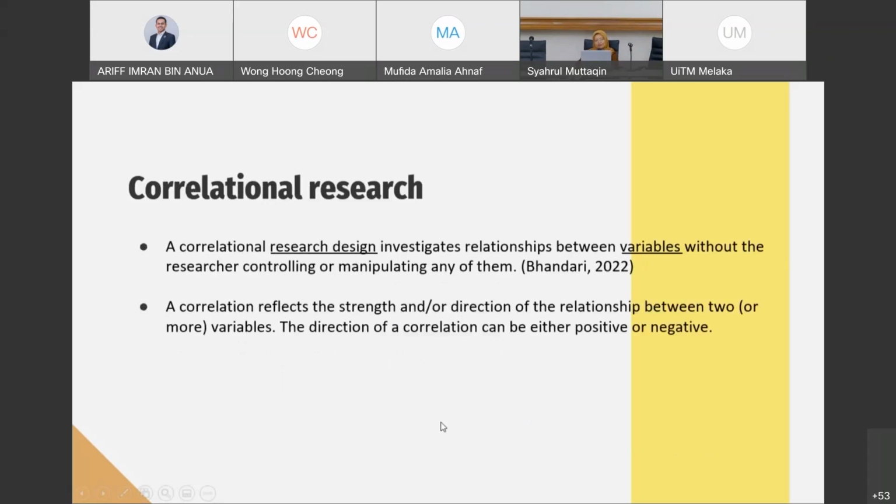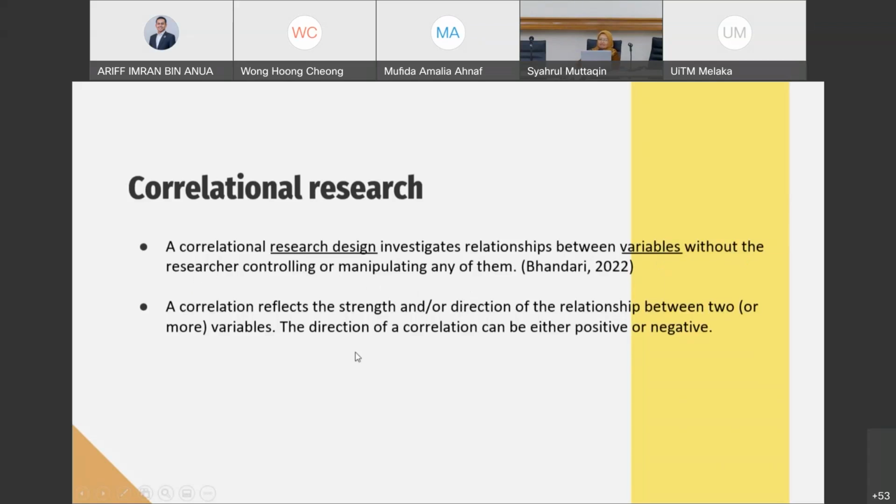And then the next would be correlational research. For the correlational research, it investigates the relationships. That is why it is called correlation, since it investigates relationship between variables without the researcher controlling or manipulating any of them. Yeah.